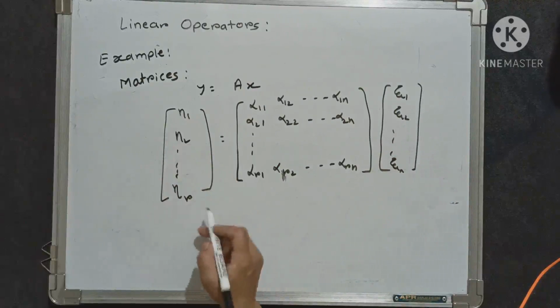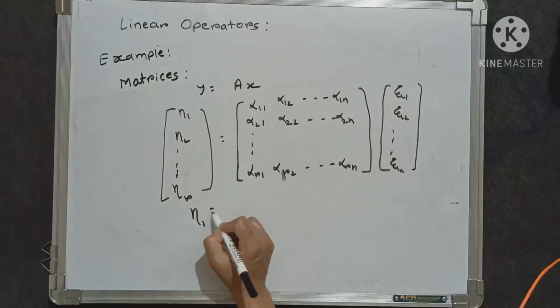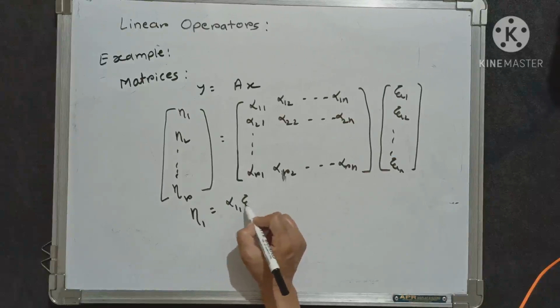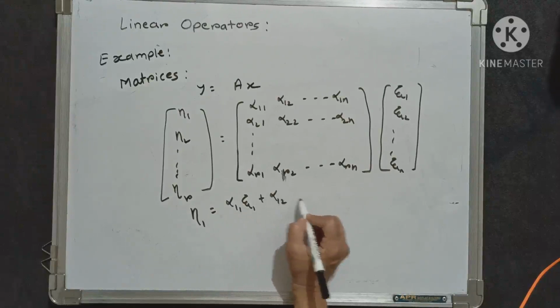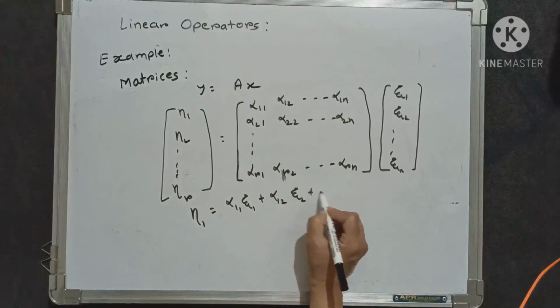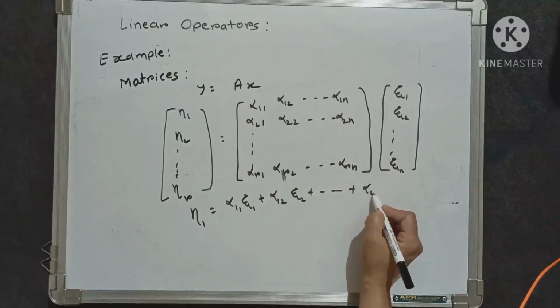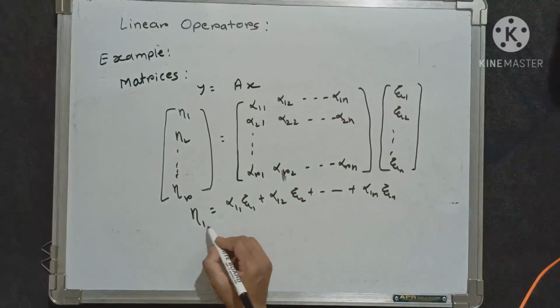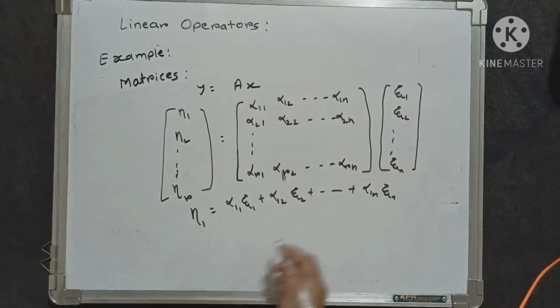That means we get eta 1 equal to alpha 1 1 xi1 plus alpha 1 2 xi2 up to plus alpha 1 n xi n, and so on. In this way we get y is equal to Ax.